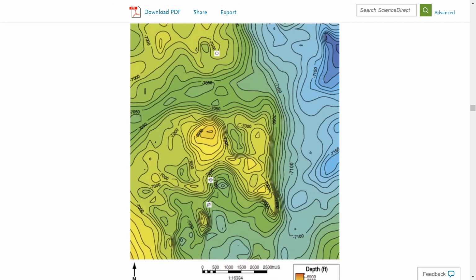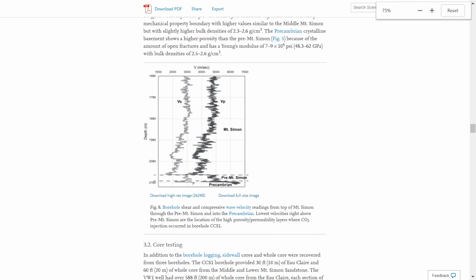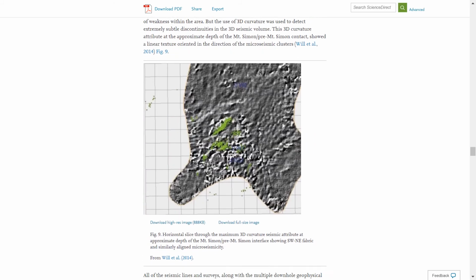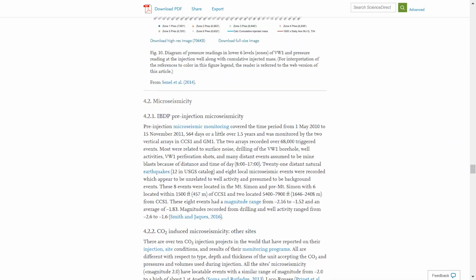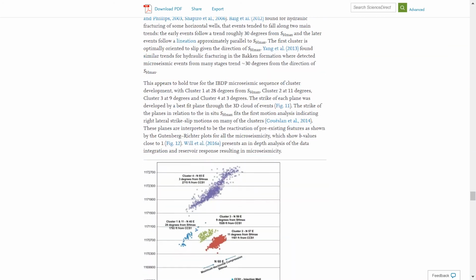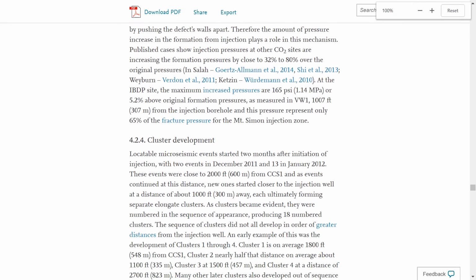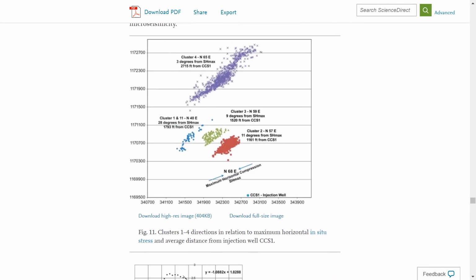And in this particular example, this was a case of CO2 injection in Illinois. After pumping a significant amount of CO2, they started to observe microseismicity.